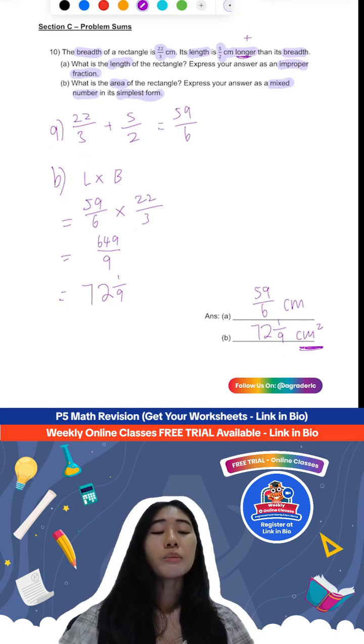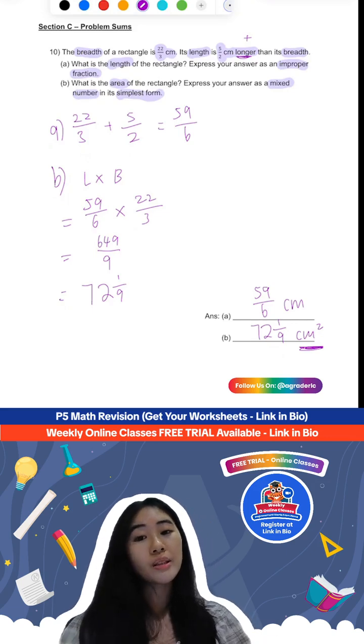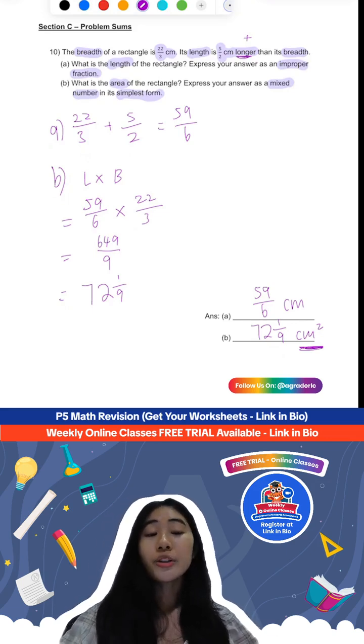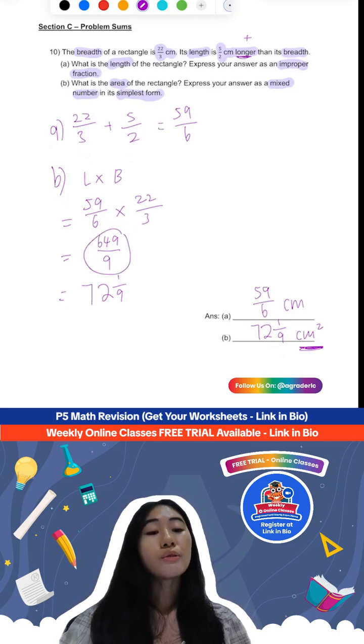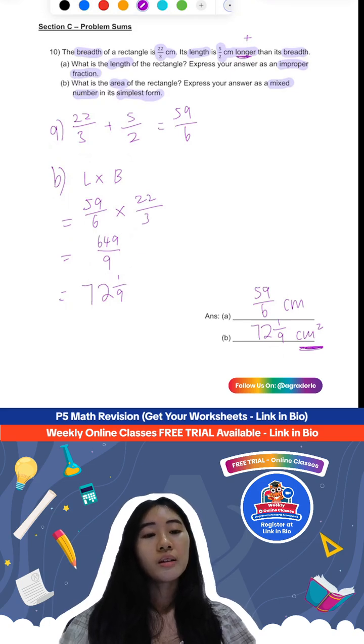I'm not sure what you're asking. Why isn't it a mixed number? My answer is a mixed number. You mean in your calculator, is it? I think your calculator might give you... so you're asking for A, is it? Oh, okay.